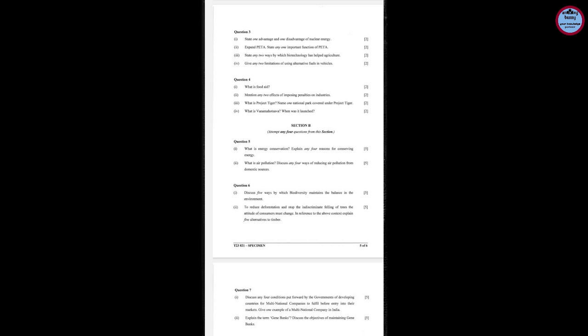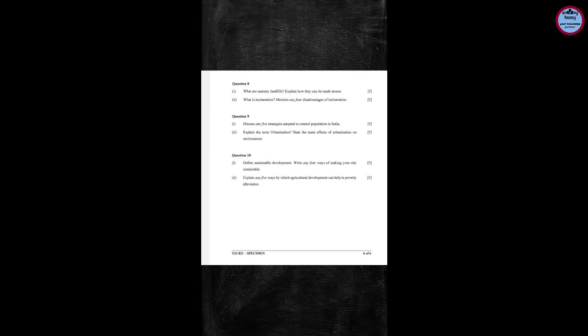There is a question related to deforestation, and next is about the multinational companies, gene bank, which is very important. Question number 8 has sanitary landfill, incineration, and the next is 5 strategies, and so on. This is question number 10.